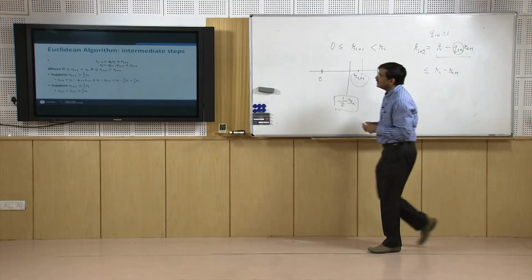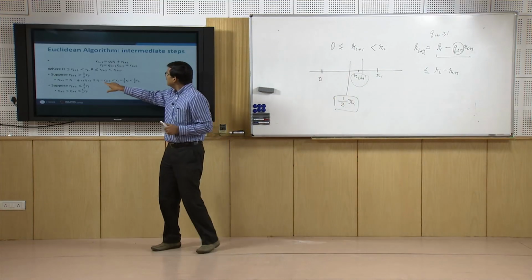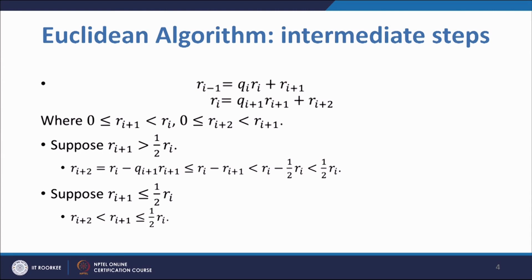But now, if you look at this, we already have assumed that Ri plus 1 is strictly greater than 1/2 of Ri. We plug in over here, and this chain continues with a strict inequality, because you have a strict inequality over there.